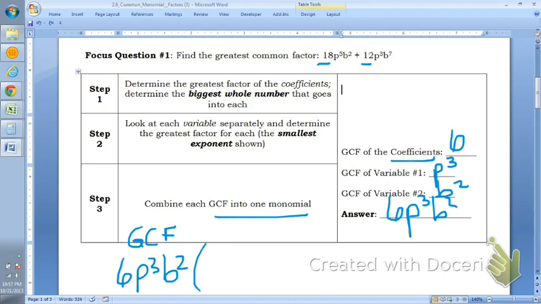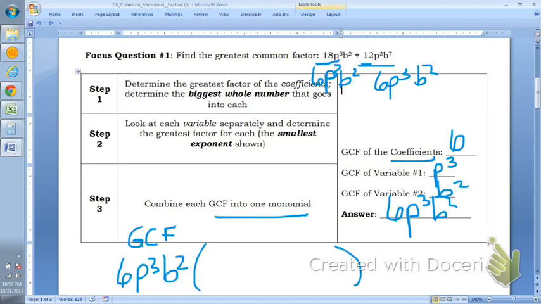So I'm going to write a set of parentheses here. And what you will do is you'll divide each term above by the greatest common factor, 6p to the third, b to the second.